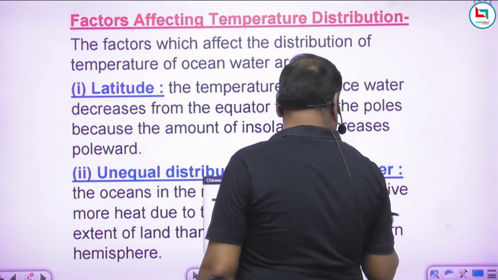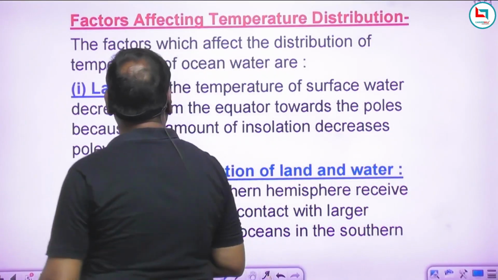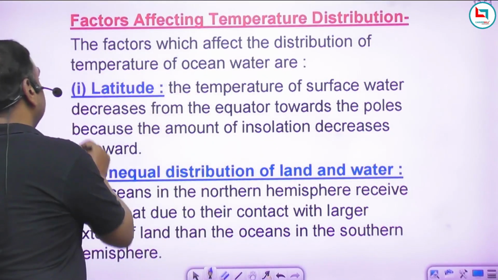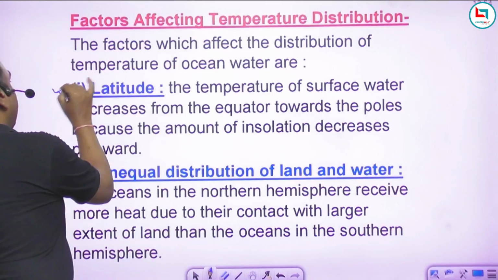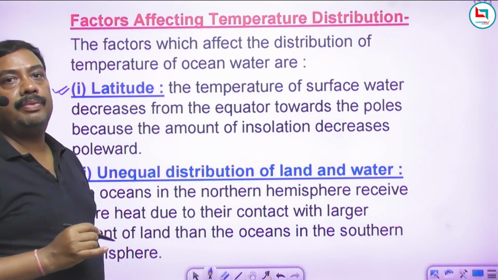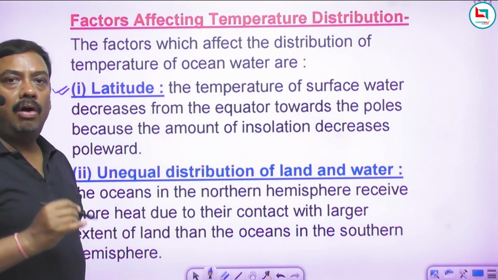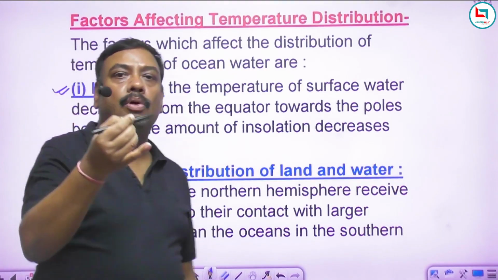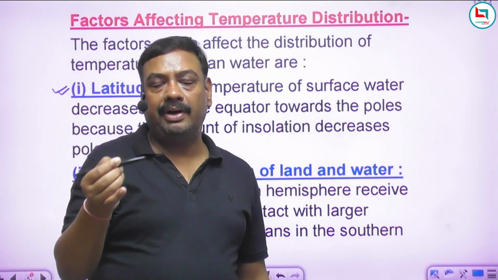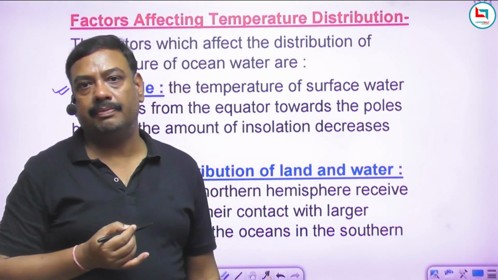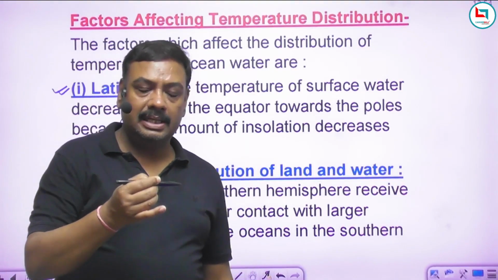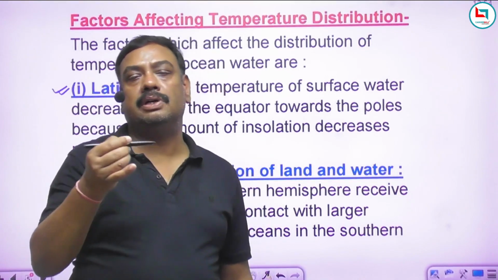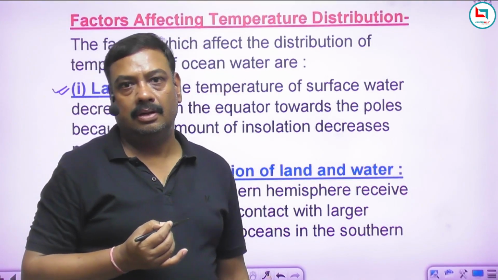The first factor you can consider here is the latitude. And whenever we discuss latitude, we always discuss what would be the trend of distribution of temperature from the equator towards the poles. How is the temperature getting changed from the equator towards the poles? Got it?